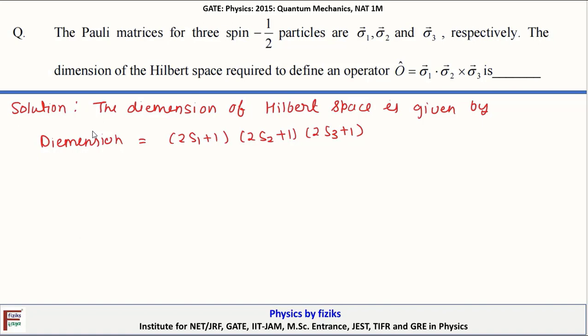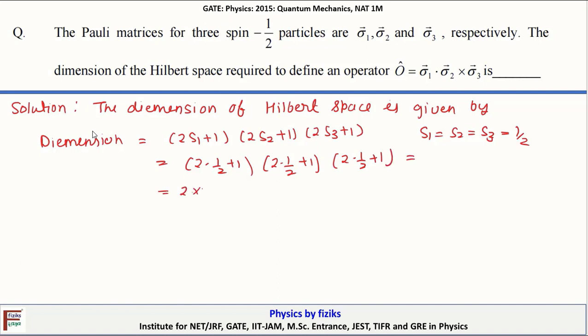If there were any more spins, we could multiply them here. So in general, the dimension would be given by this relation. If s1 equals s2 equals s3 equals half, then this would be 2 into 1 by 2 plus 1, times 2 into 1 by 2 plus 1, times 2 into 1 by 2 plus 1, that is 2 into 2 into 2 equals 8.